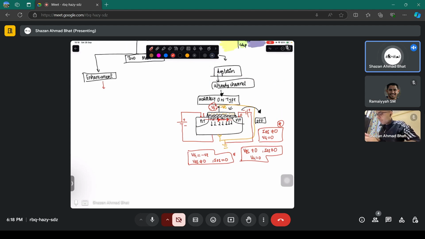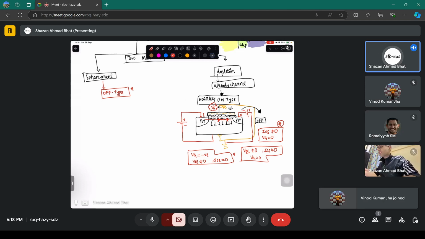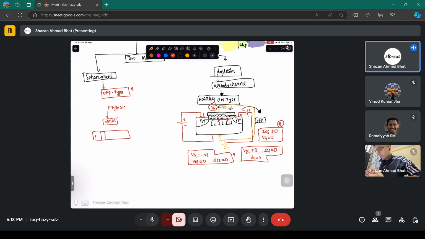On the other hand, the enhancement type MOSFET, this was the normally-on type, but what we usually use in the CMOS logic circuits is mostly the enhancement type, because in this type of MOSFET, the channel is not present itself, and we have to induce the channel by applying the voltage, just like in a p-type semiconductor, an NMOS, which is a structure like this MOS, where this is p-type.